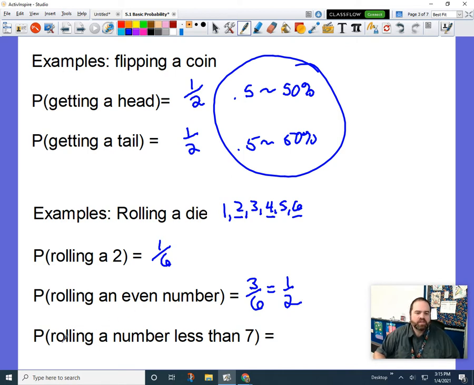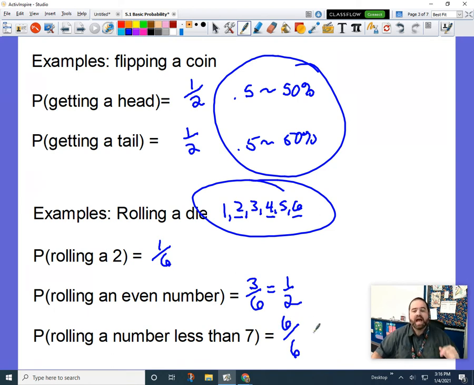All right, and then the probability of rolling a number less than 7. We'll take a look at all your possible outcomes here. Every single one of those 6 possible outcomes would be considered a success, because they're all less than 7. I threw that question in here specifically for this situation. When you reduce that, you get a probability of 1. That is 1 as in 100%.